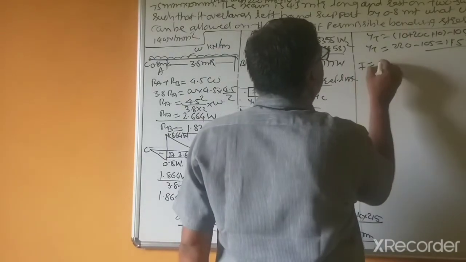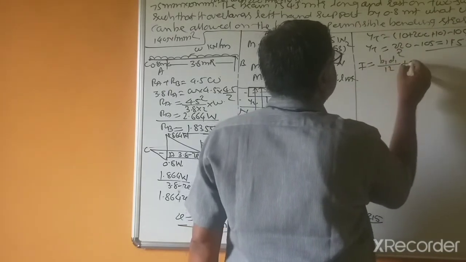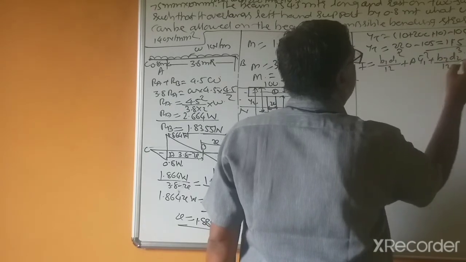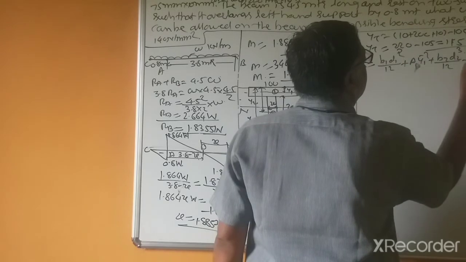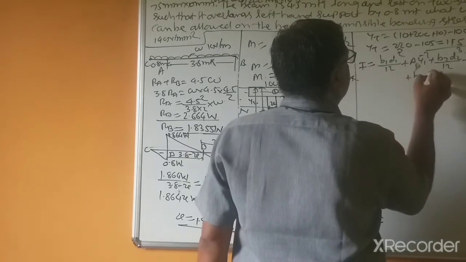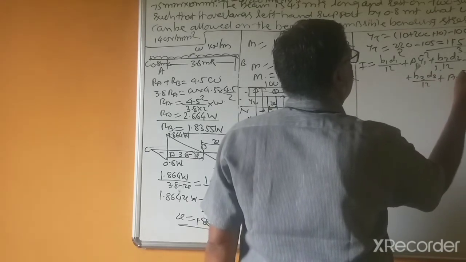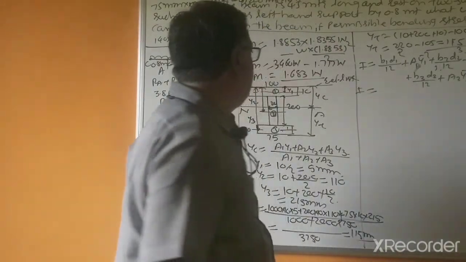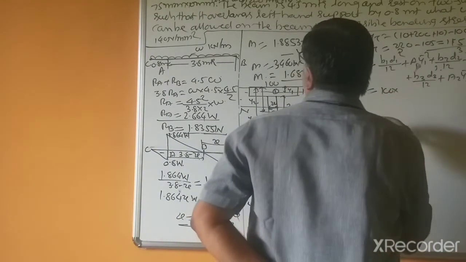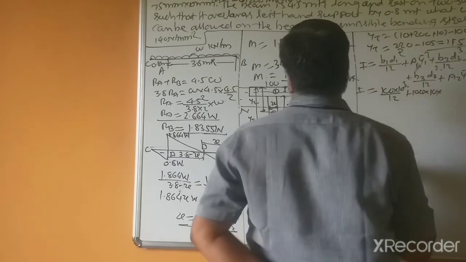So moment of inertia: b1 d1 cube by 12 plus a1 y1 bar square, plus b2 d2 cube divided by 12 plus a2 y2 bar square, plus b3 d3 cube divided by 12 plus a3 y3 bar square. So b1 equal to 100 into d1 cube, 10 cube divided by 12, plus area 100 into 10 into y1 bar distance.